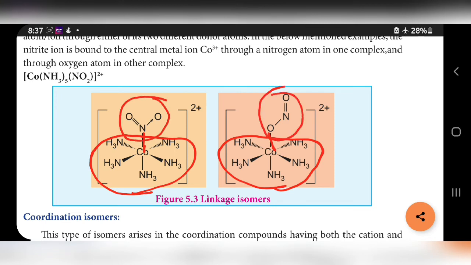Ambidentate ligand means it has more than one coordinating position, so more than one atom can donate electrons. In this group, nitrogen can donate electrons and oxygen can also donate electrons. That is called an ambidentate ligand.